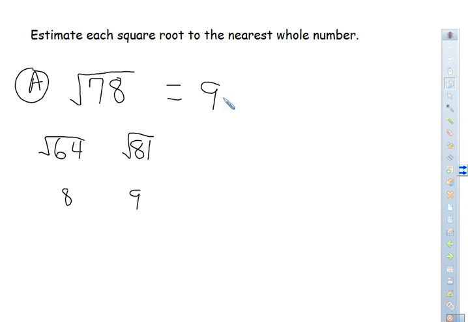Another way of checking this is by simply taking your calculator and finding the square root. You hit the second button and then the squared button, which is actually the square root, and then type in 78.